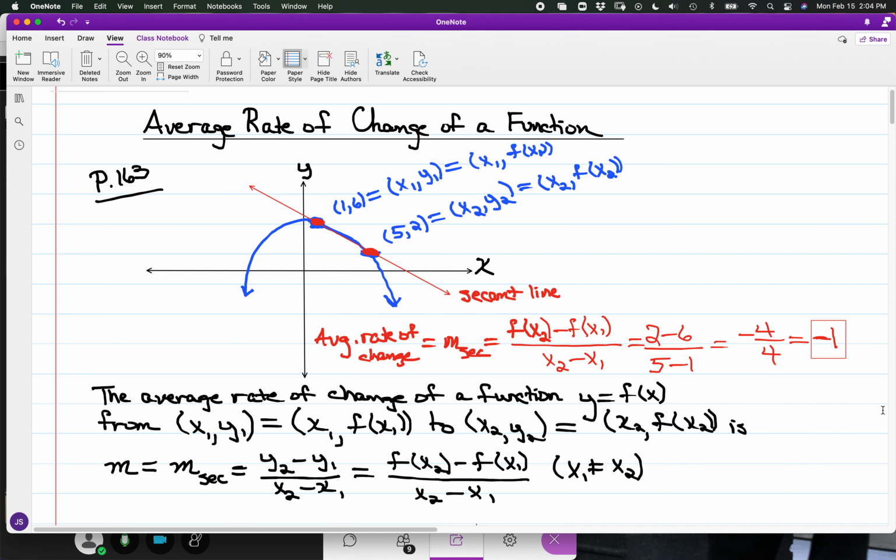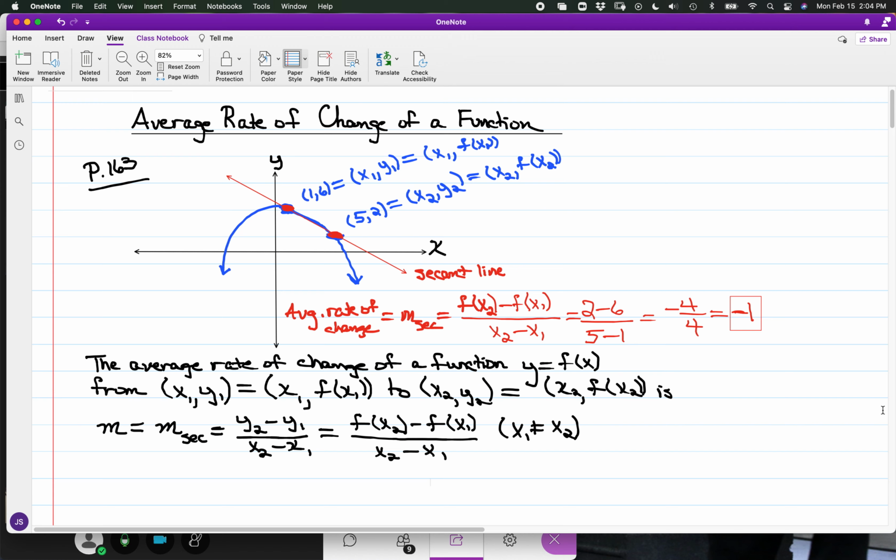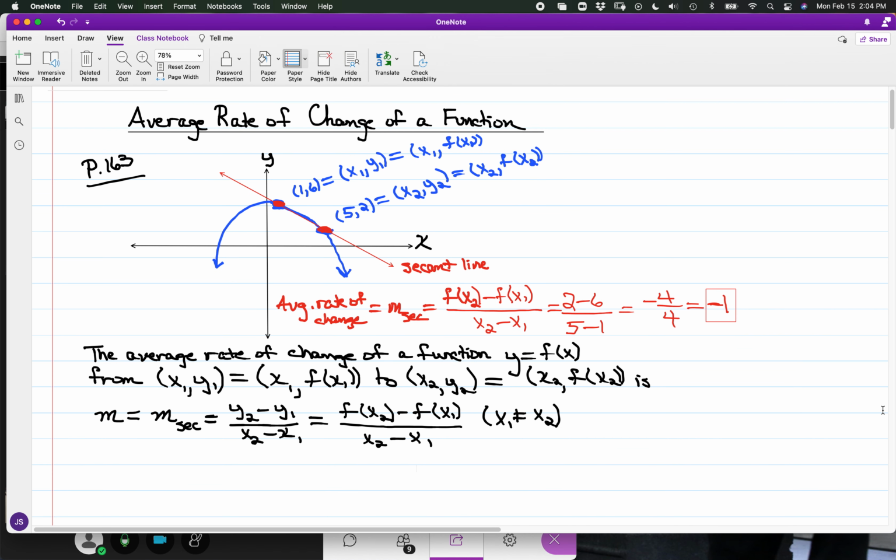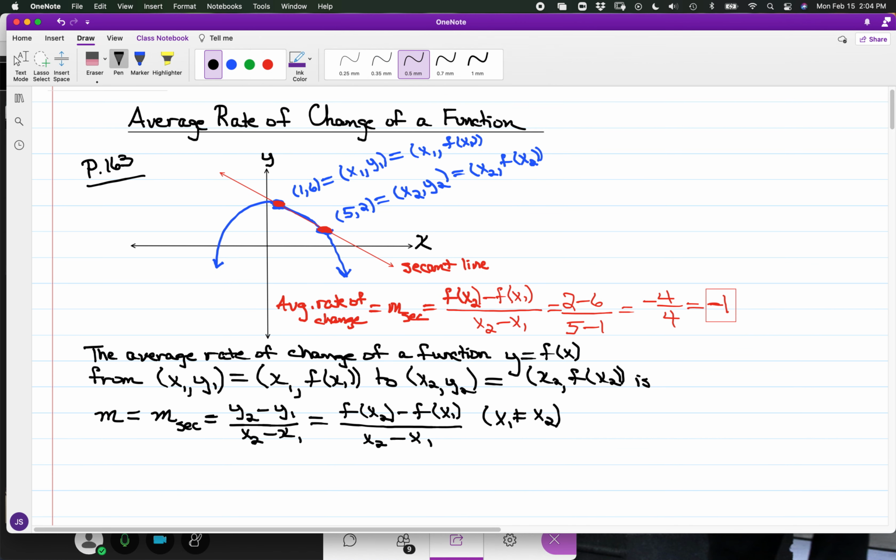And just drawing up a case here, let's say we are given a function, so y is equal to f of x is equal to x squared plus 2x.